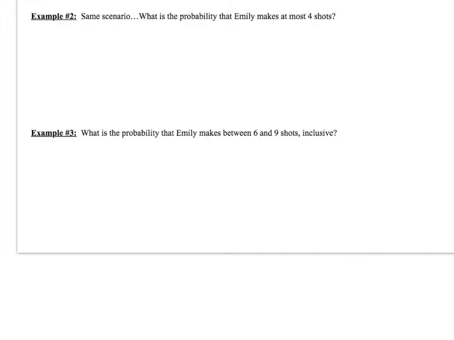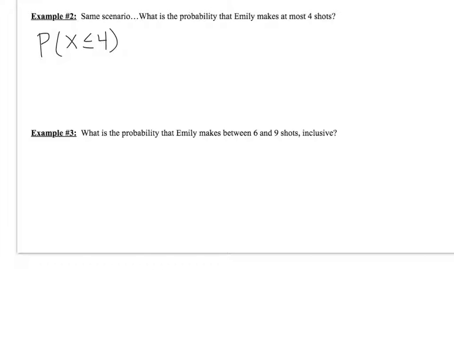So let's deal with example number 2 first. First of all, in terms of just a probability statement, I am looking for the probability of the random variable x being at most 4 shots, so taking on values less than or equal to 4.